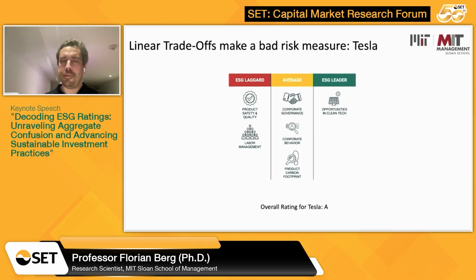But how can you compensate one being a leader in one aspect and just being average in the other aspect, or even a laggard? Or put differently, how can you compensate for fossil fuel company oil spills with discrimination? From a risk perspective, that doesn't make any sense. If you use an ESG rating as a measure of risk, it absolutely doesn't make any sense.